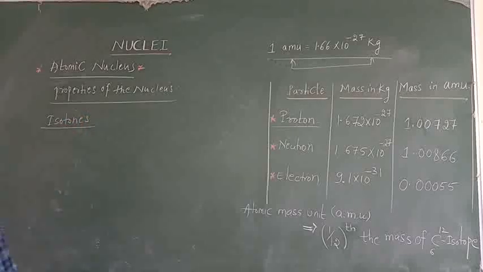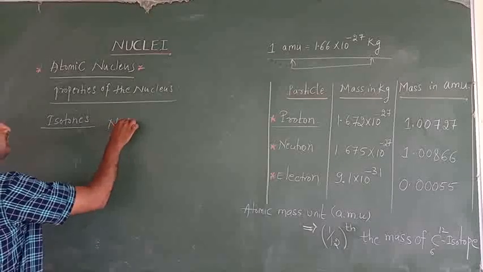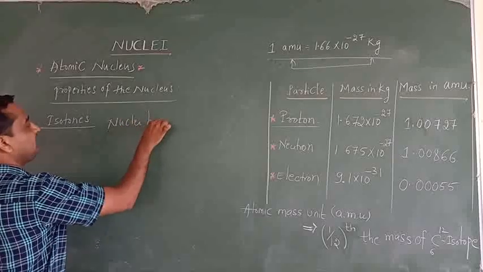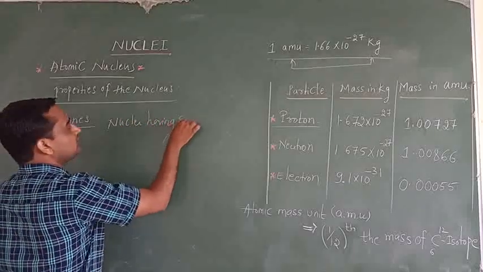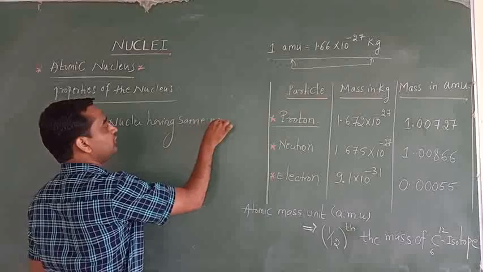The number of neutrons of different elements, which consist of the same number of neutrons. Nuclei having the same number of neutrons are called as what? The isotones.